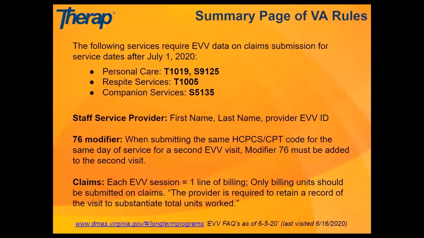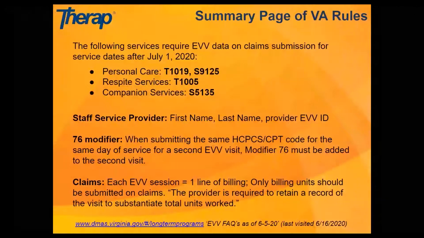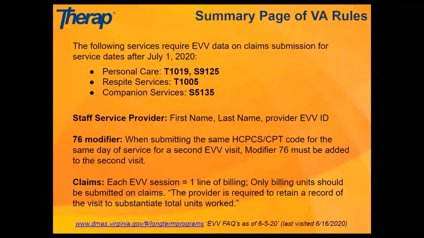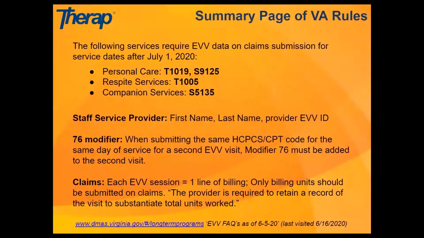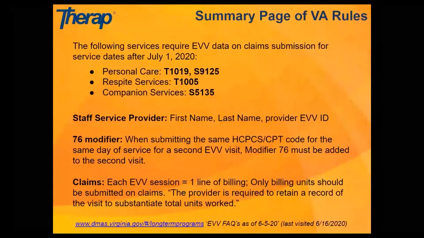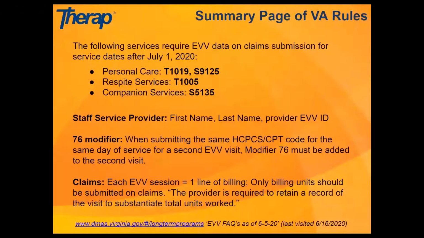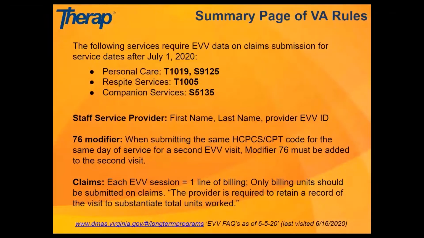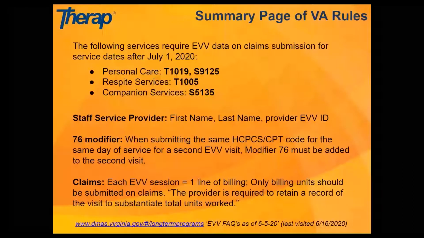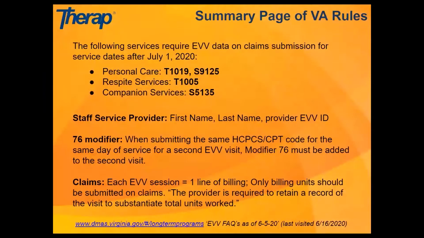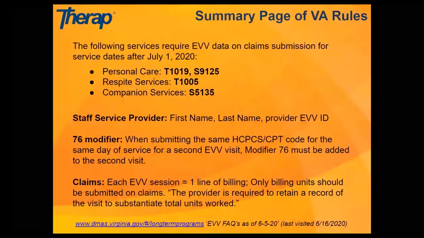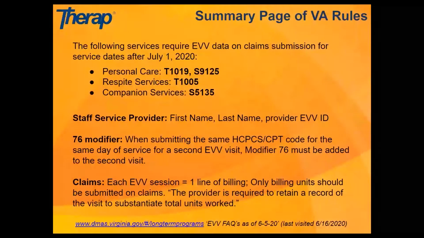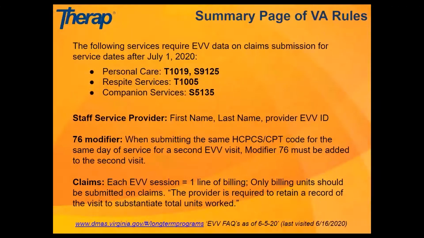And so any EVV session that doesn't produce billing units, say you have a session that's only 15 minutes long, that's not enough for a full billing unit. In our system, it'll be created as billing data, but it won't be submitted on your claim because there's no billing units to report. What Virginia Medicaid has said is that those units should be retained within your system to validate the claims later on, because they have the rollover of minutes.